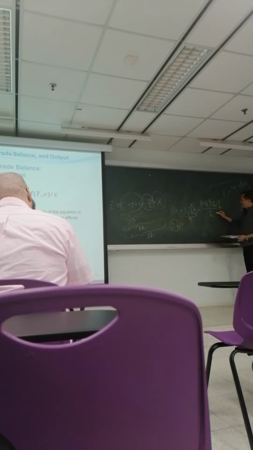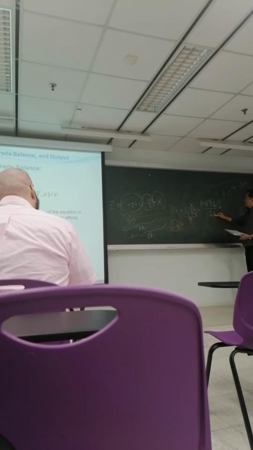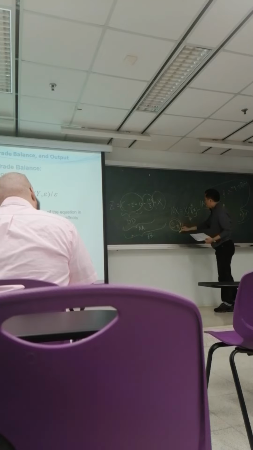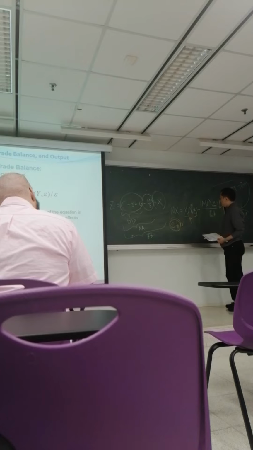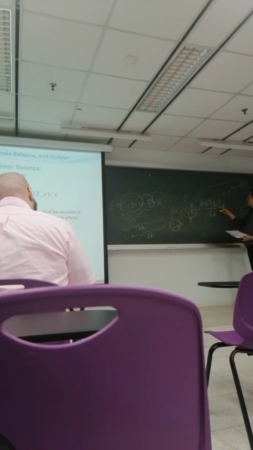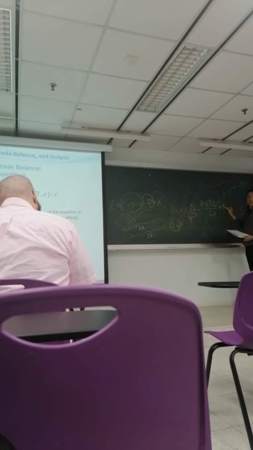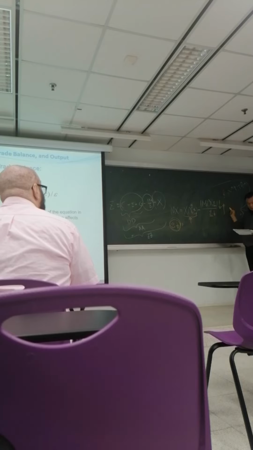And here we have epsilon again. When epsilon falls, the whole thing will rise, because it's in the denominator. So when epsilon falls, this guy rises, this guy falls, and this whole thing will rise. So these two are opposite. Is that true?